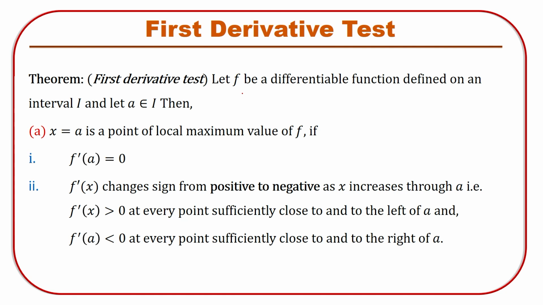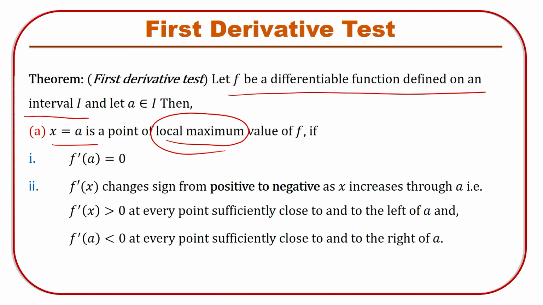Let f be a differentiable function defined on an interval I, and let a be any point in I. Then x equal to a is a point of local maximum value of f if f dash of a equals 0 and f dash of x changes sign from positive to negative as x increases through a. That is, f dash of x is greater than 0 at every point sufficiently close to and to the left of a.